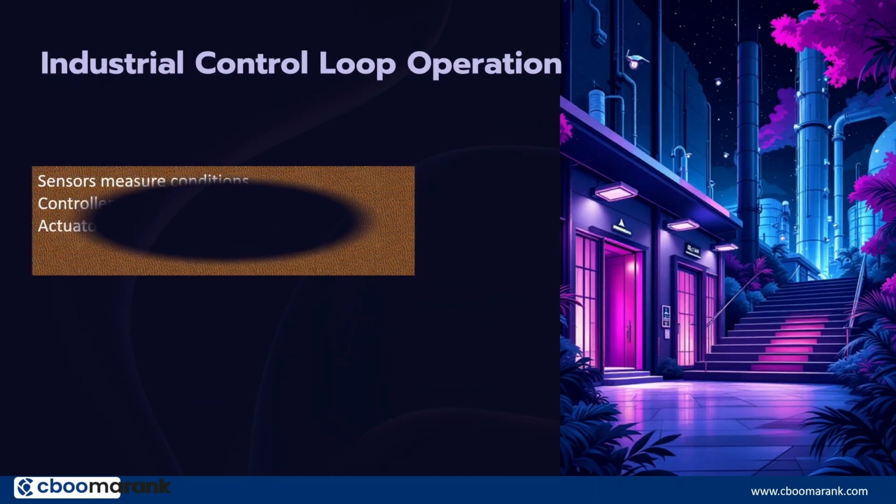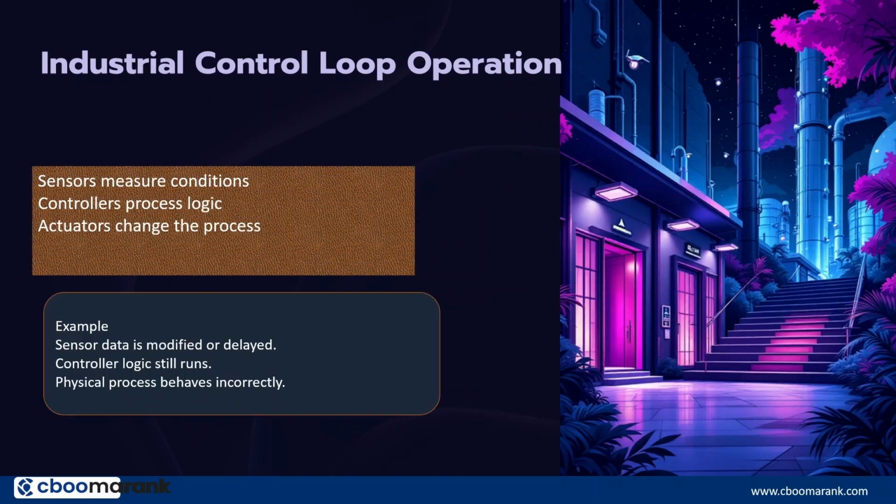Let me give you an example of this. In this scenario, the sensor measures the condition, then the controller processes the logic, and the actuator changes or impacts the process. In this scenario, the logic itself is unchanged, only the data is altered, yet the outcome is incorrect physical behavior.